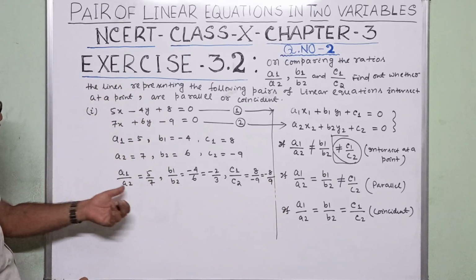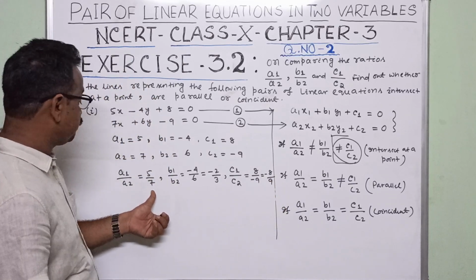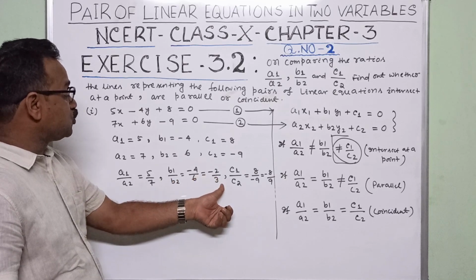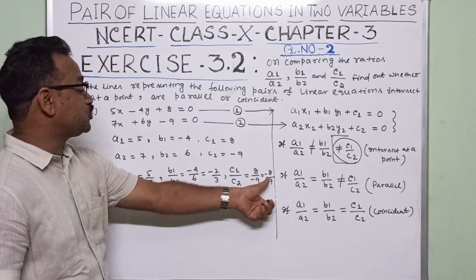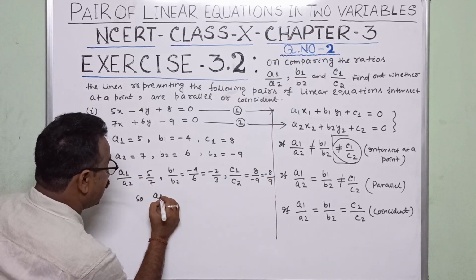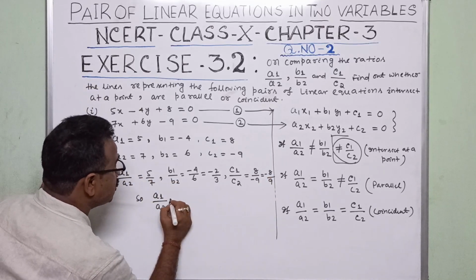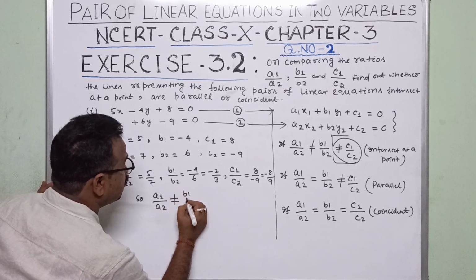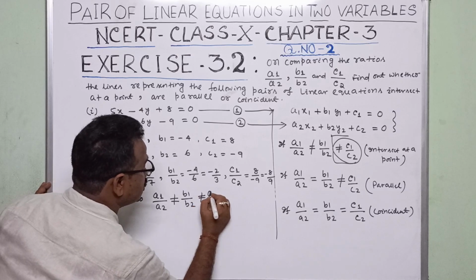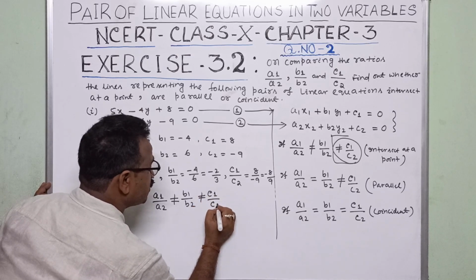Now here A1 by A2 is 5 by 7, B1 by B2 is minus 2 by 3, C1 by C2 is minus 8 by 9. So A1 by A2 is not equal to B1 by B2 is not equal to C1 by C2.